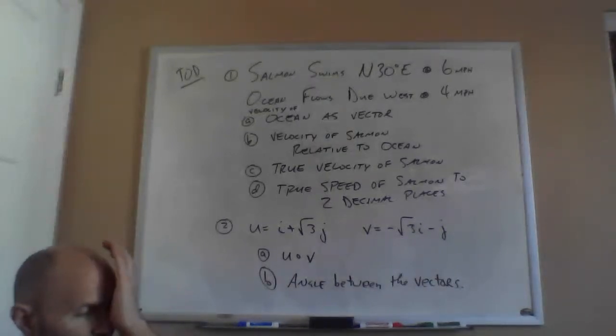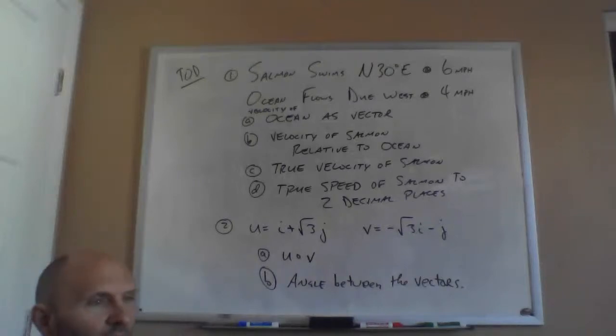If you guys are struggling with this, if you don't come to office hours, or even if you do, maybe what I'll do is I'll start Thursday's live stream with how to work these out, because you do need to know how to work a problem like this. And unfortunately, it's not really your guys' fault. WebAssign primarily just has due north, due south, due east, due west type of problems.